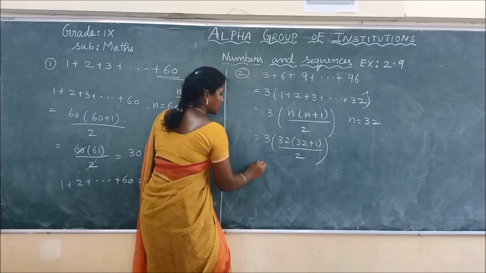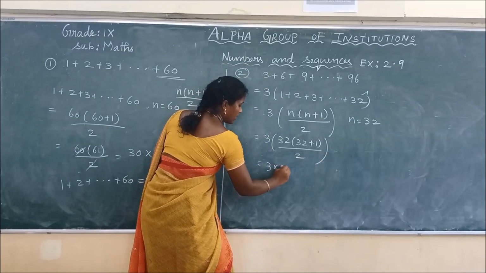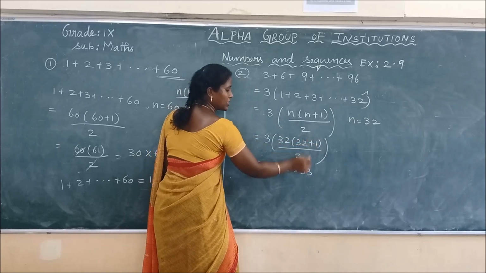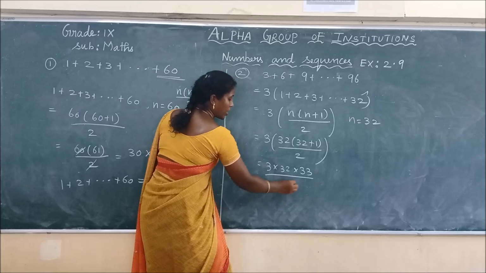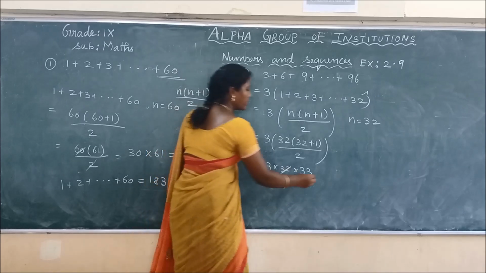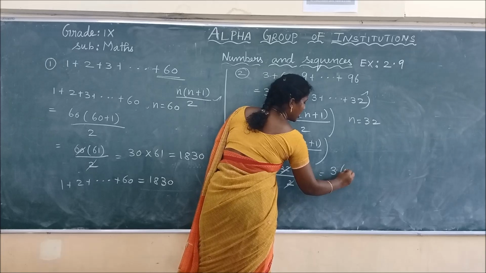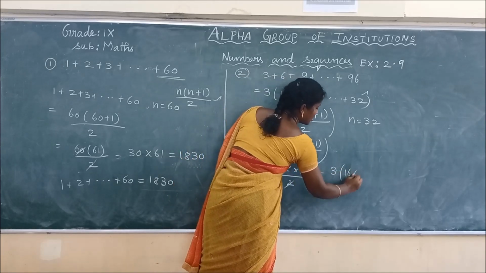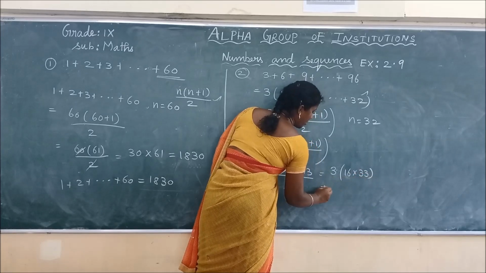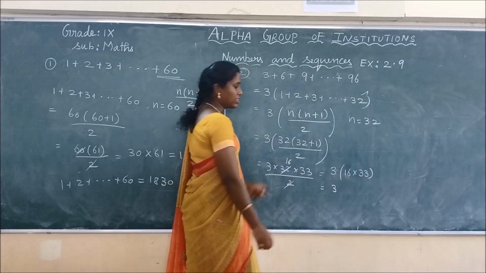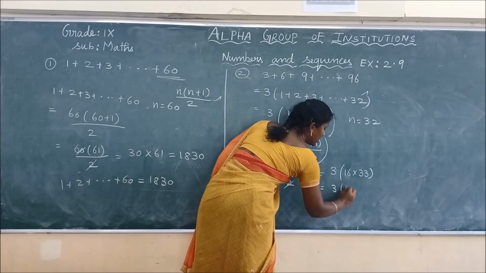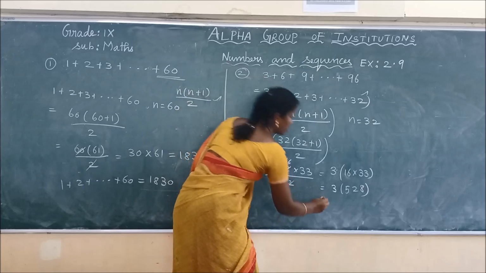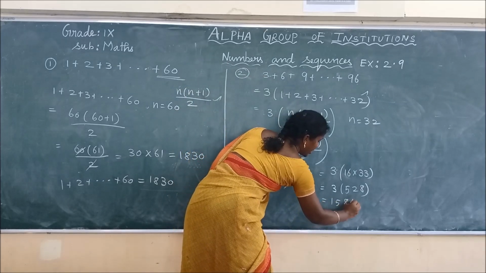It simplifies to 16 times, isn't it? So 16 into 33. If I multiply 16 into 33, the value is 528. Then multiply with 3. So the value is 1584.